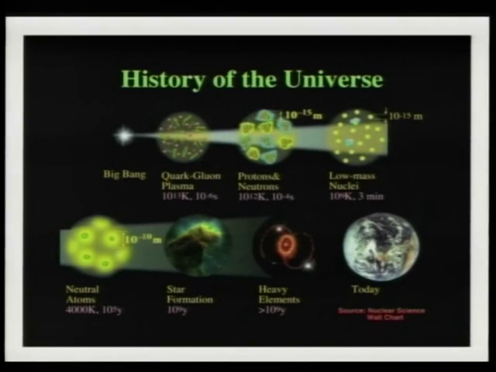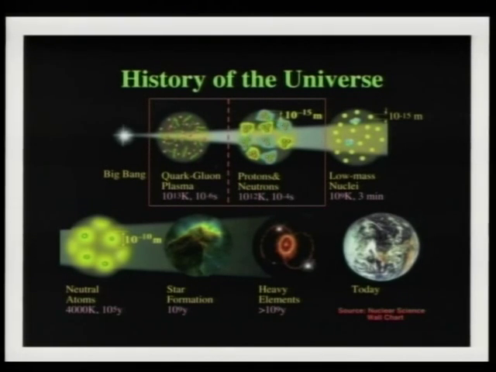Why? If you see the history of the universe from the Big Bang going up to today, we want to focus on this region. This region is called Quark Gluon Plasma, the matter of the universe.